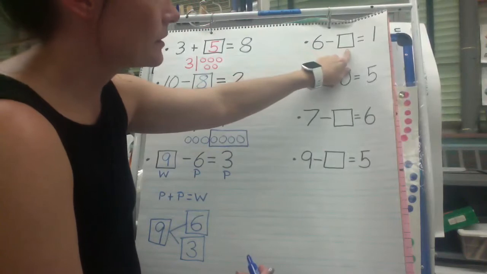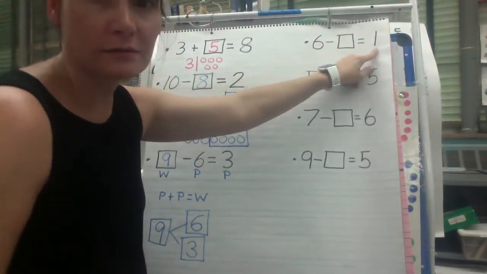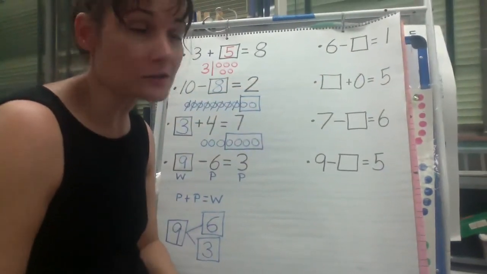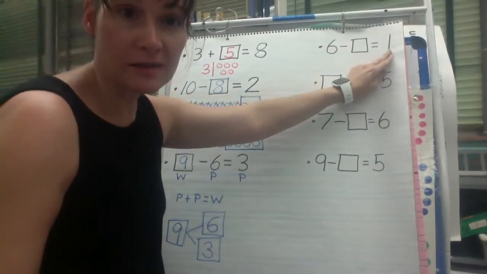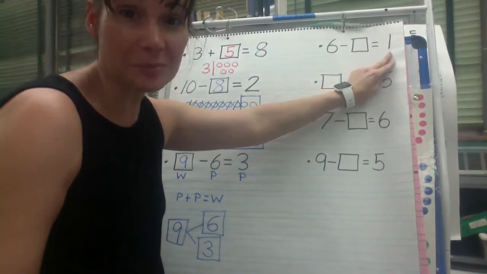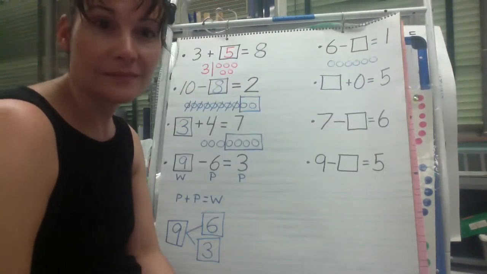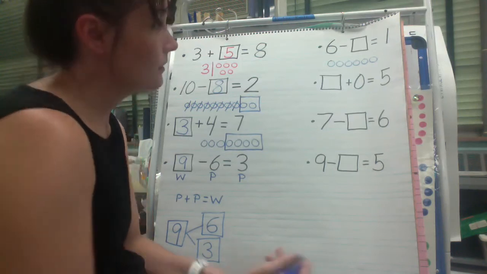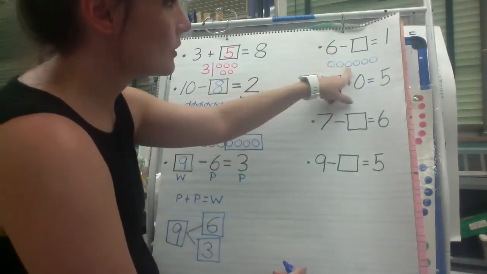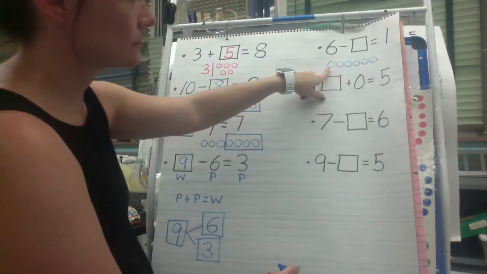6 minus something equals 1. Using the strategies you've learned, what is 6 minus something equals 1? Pause, solve, and when you're ready, hit play. How did you do? Wonderful. So I had 6, so I went ahead and drew my 6.